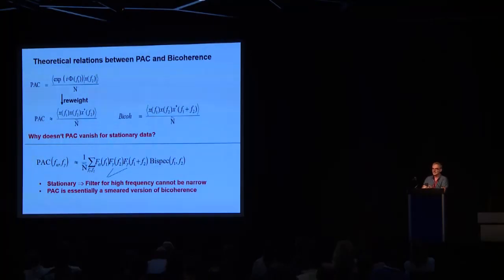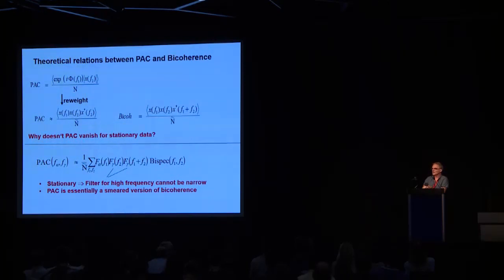The solution is that for PAC, it's calculated in a fairly complicated way. Especially for the high frequency, you must use a filter which is not narrow band. So you say, oh, this is gamma at, say, 40 hertz. But your gamma is not really at 40 hertz.